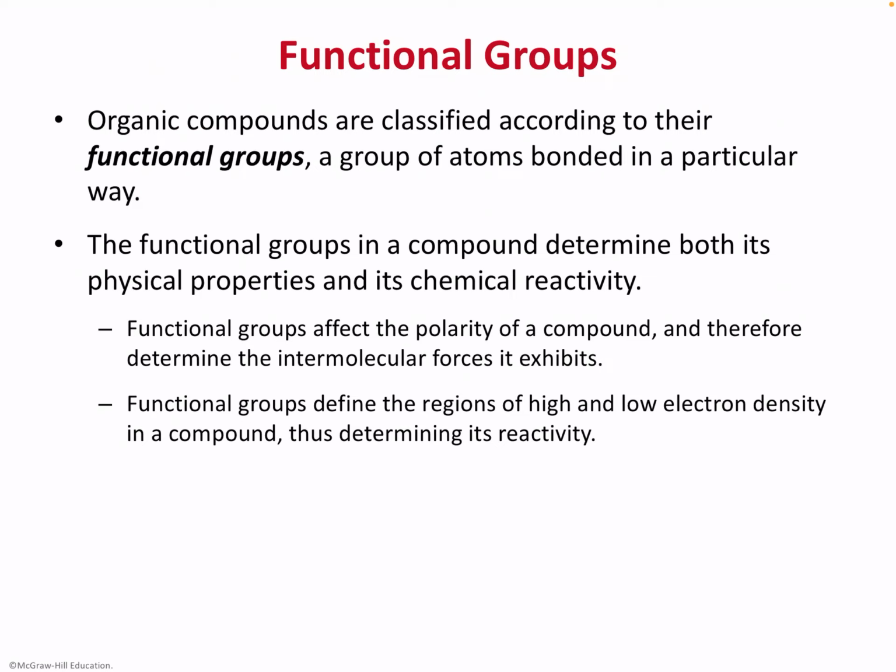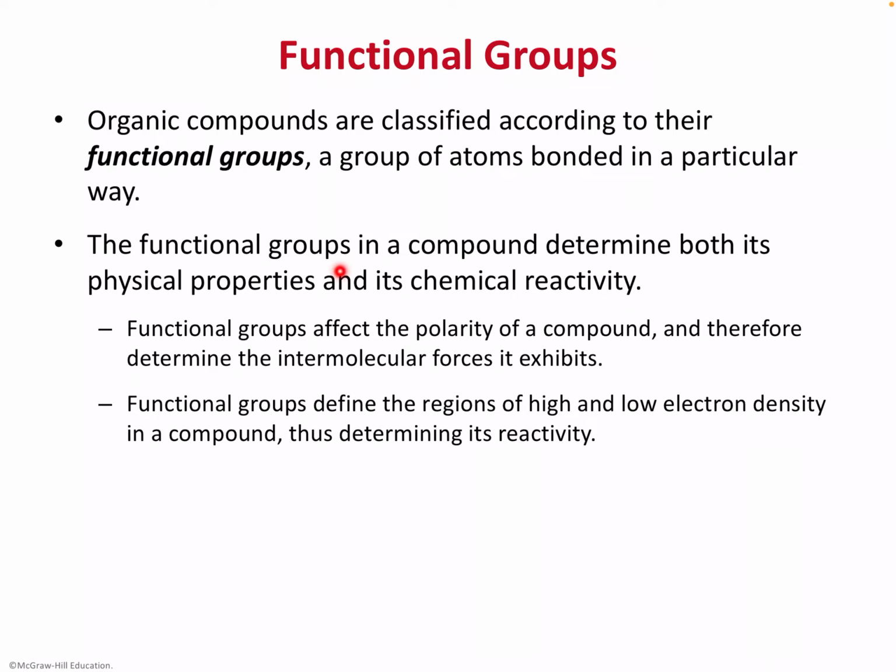Now we have functional groups in organic chemistry, and functional groups are the ones that mostly undergo reactions when we are dealing with organic compounds. So we can classify these organic compounds according to their functional groups. A functional group is a group of atoms bonded in a particular way.